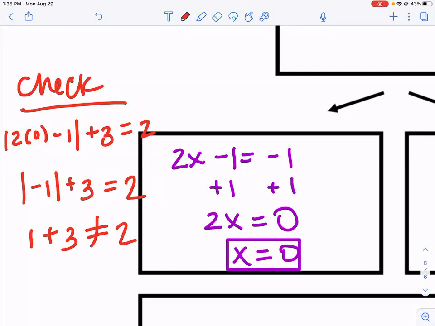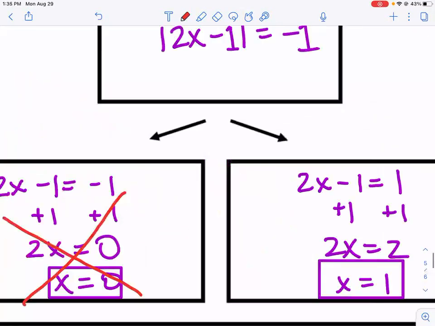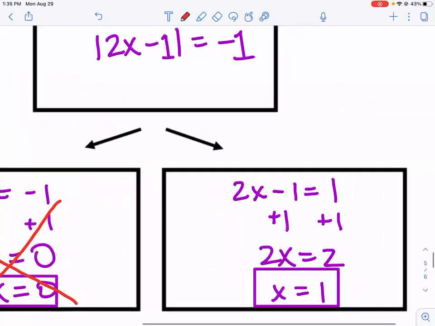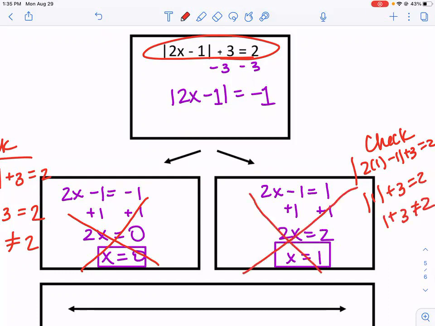It doesn't equal 2. Let's come over here. If we check the absolute value of 2x minus 1 plus 3 equals 2, we have the absolute value of 1 plus 3 equals 2. Again, it doesn't work. Extraneous.